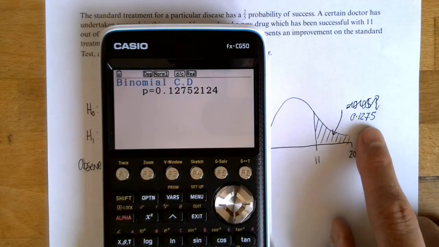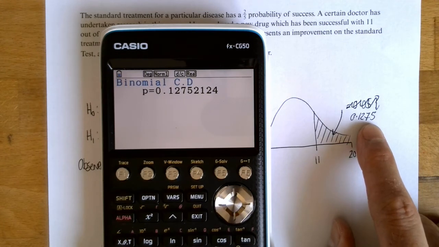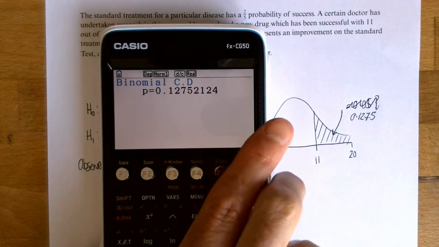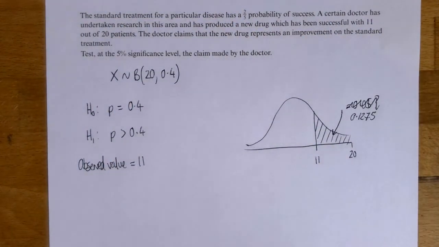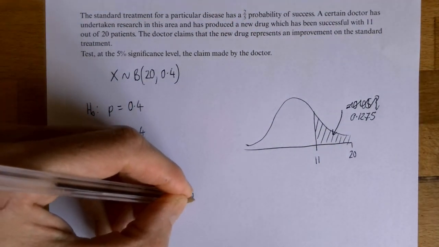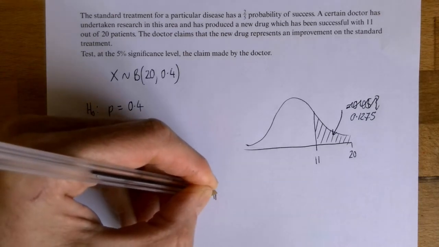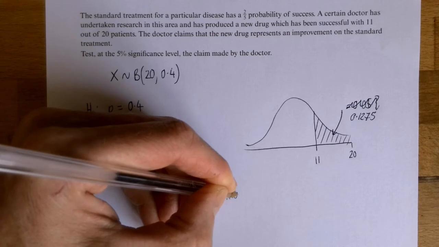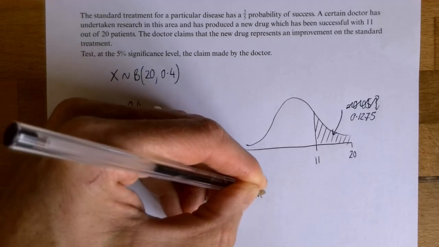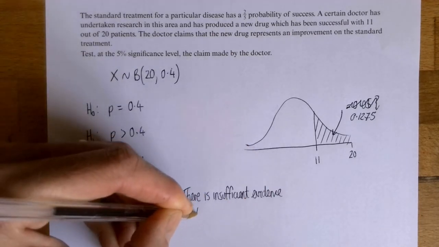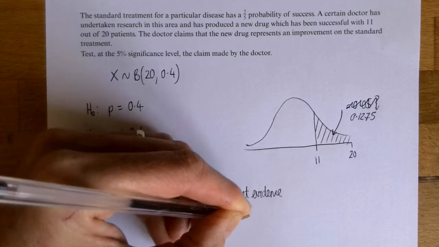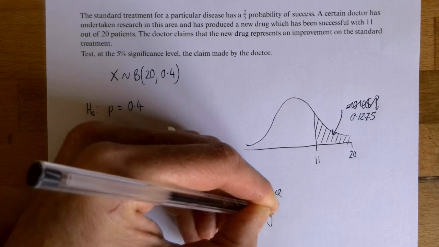Now 0.1275 is much bigger than 0.05. So what we say now is that there is insufficient evidence, should have written this beforehand, to reject the null hypothesis.